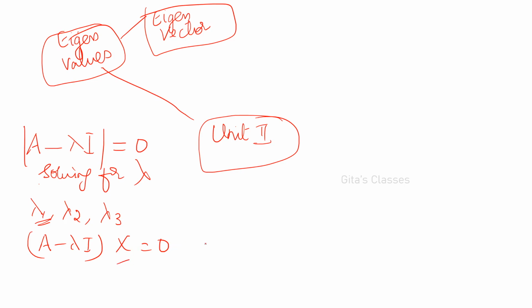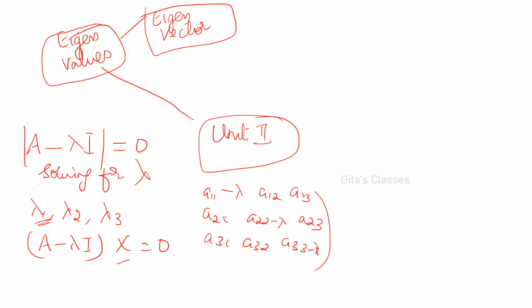Suppose it is a 3 by 3 matrix, we will write A11 minus lambda, A12, A13, and A21, A22 minus lambda, A23, and A31, A32, A33 minus lambda, into x y z.